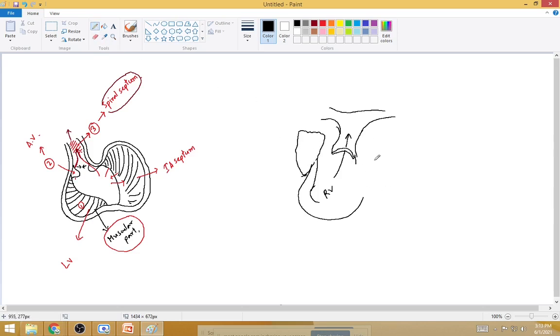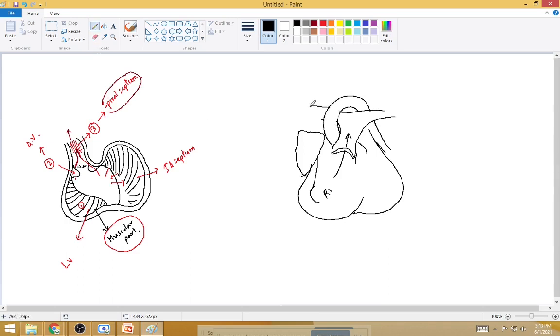Now for the left side, there is the aorta, which is coming like that, passing over it and going to the left side, isn't it? So the aorta is crossing like that.